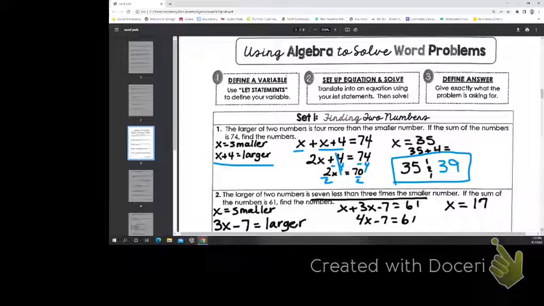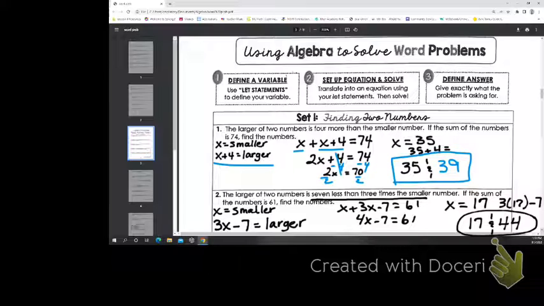So my smaller number is 17. And then if I do 3 times 17 minus 7, that's 51 minus 7 is 44.